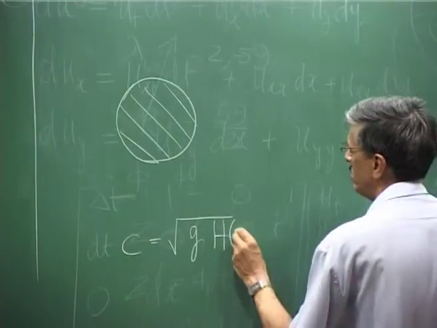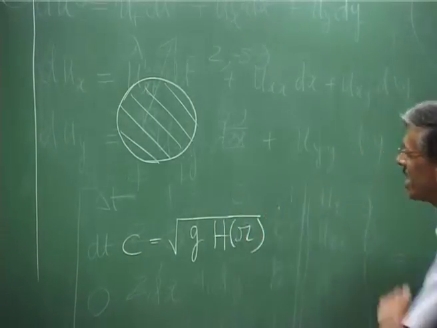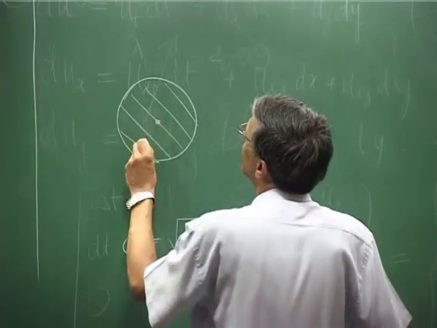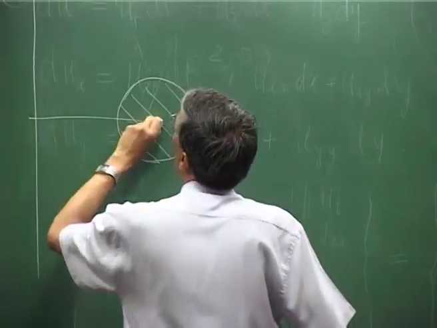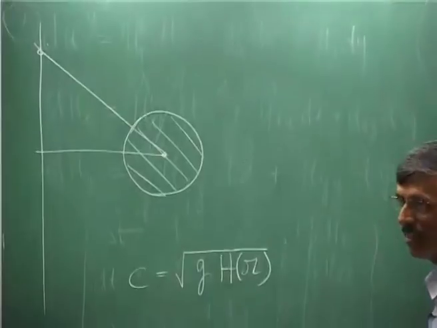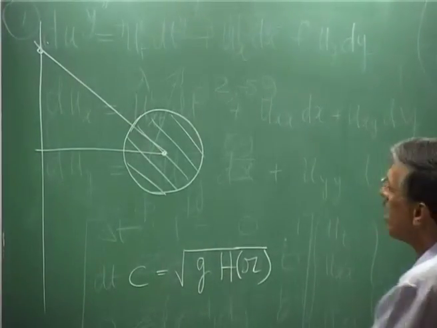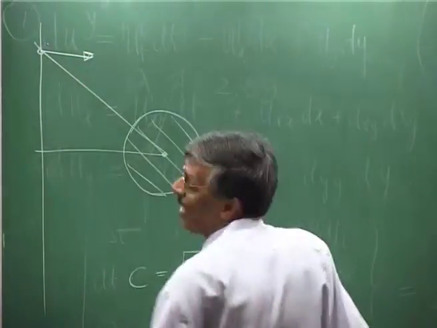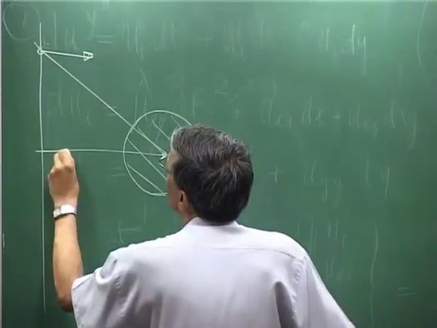So, if I add the inhomogeneity, it should be like this. If I measure the distance, of course, this is a larger h, so C will be larger. So, the crest here will be moving a larger distance compared to here.